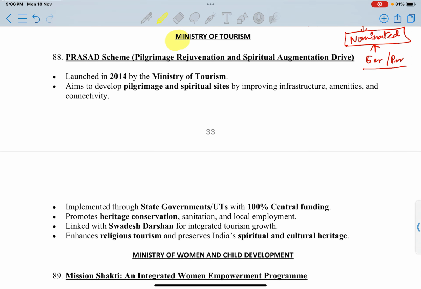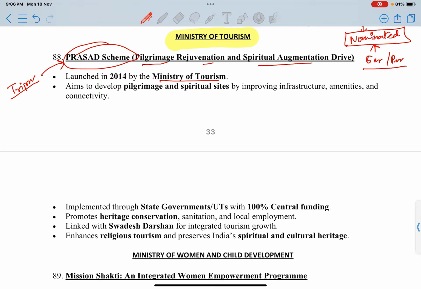Okay. Next, Ministry of Tourism, PRASAD scheme. Again, this is very important. See, our Tripureshwari Mandir got redeveloped under this PRASAD scheme only. So again, this is important. So what is the PRASAD scheme? It is the Pilgrimage Rejuvenation and Spiritual Augmentation Drive.